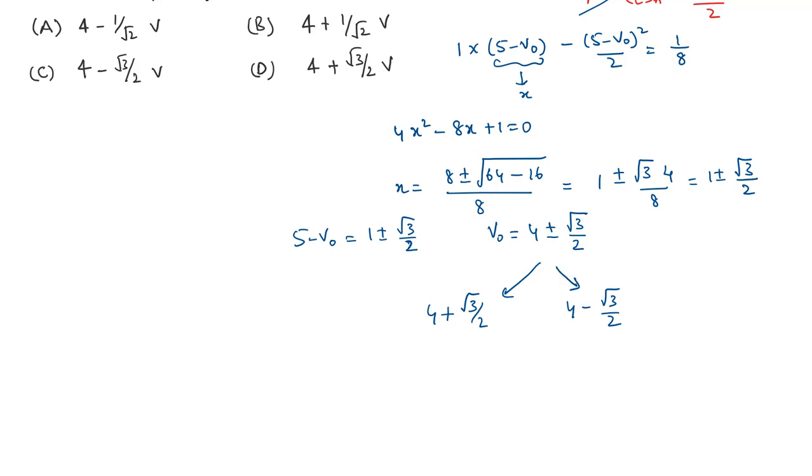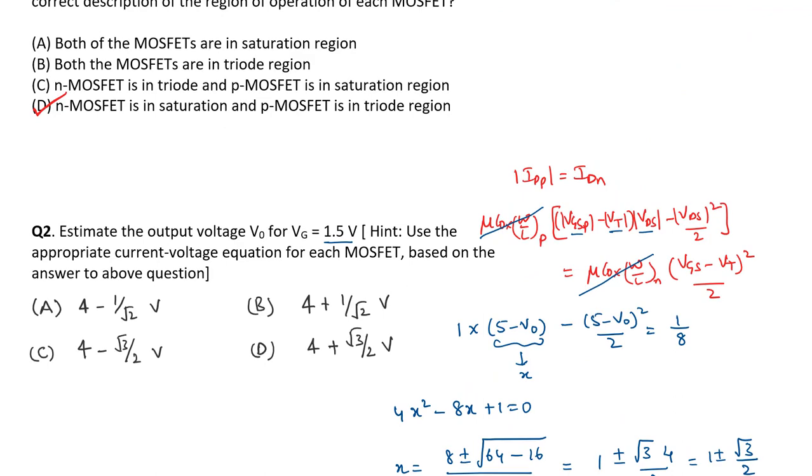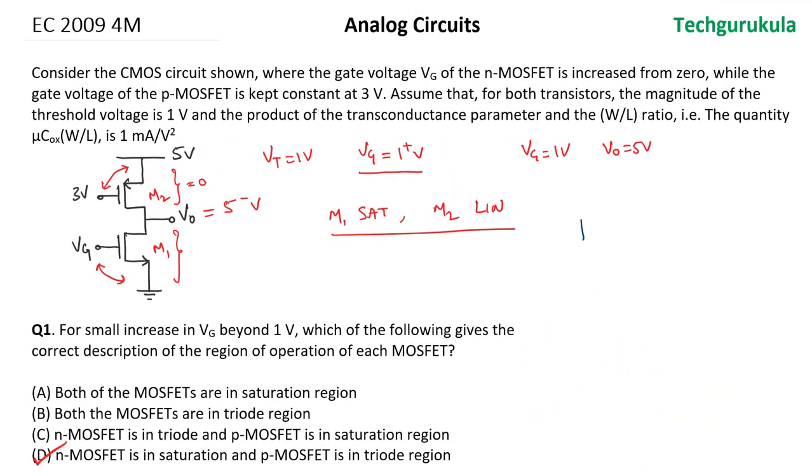We assumed that PMOS transistor is in linear region. If PMOS transistor has to be in linear region, obviously the magnitude of VDS of P should be less than VGS minus VT, which is magnitude of VGS P minus VT. So VDS P magnitude should be less than 2 minus 1, which means VDS P magnitude should be less than 1.